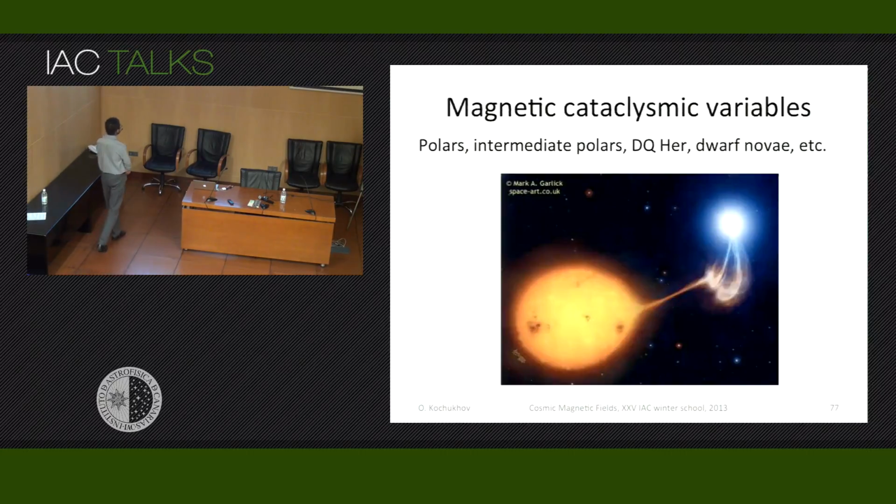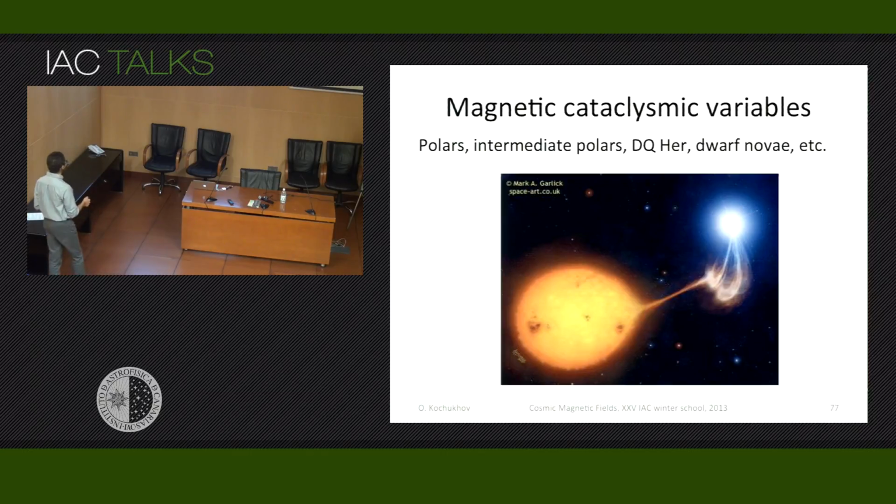And as a very last thing that I'd like to mention, another interesting place where magnetic field in white dwarfs is being considered is the magnetism of cataclysmic variables, and some fraction of them have white dwarfs with magnetic fields.